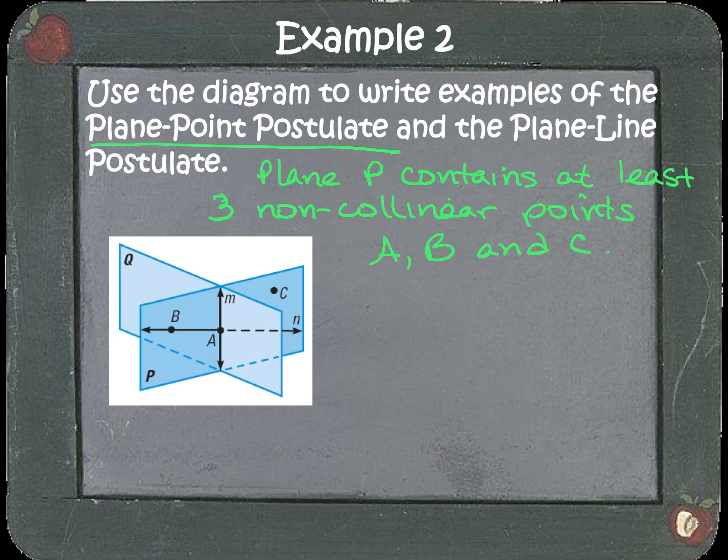The plane line postulate, this one states that if 2 points are in a plane, then the line that contains them is also in the plane.